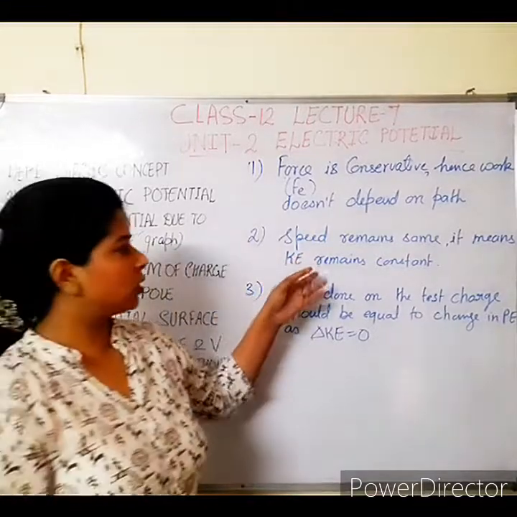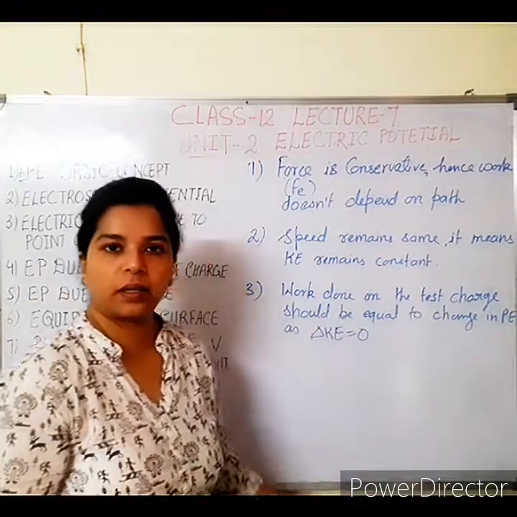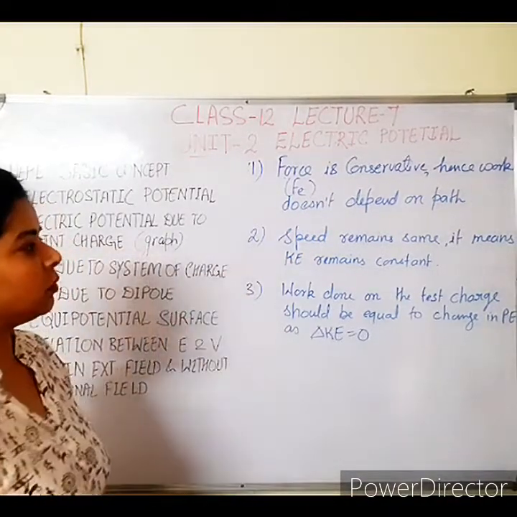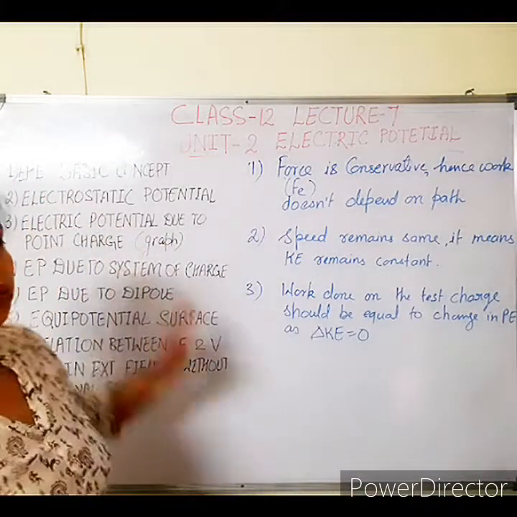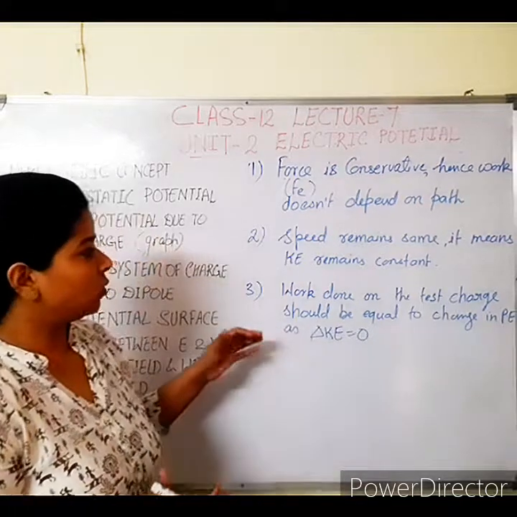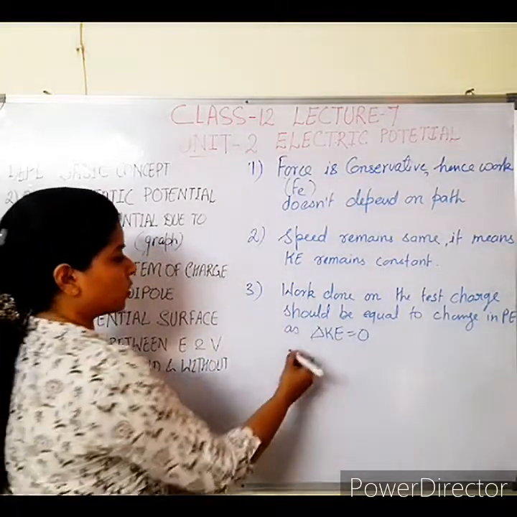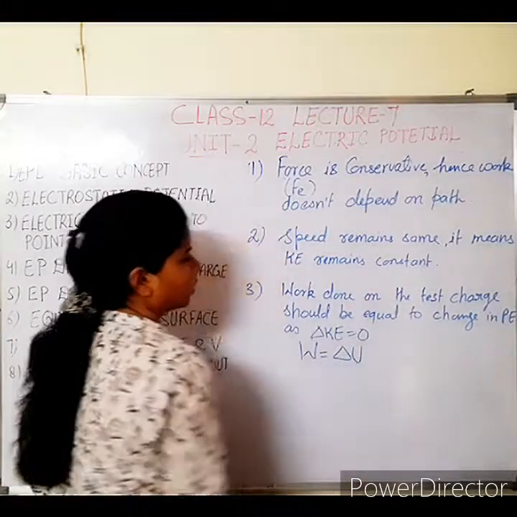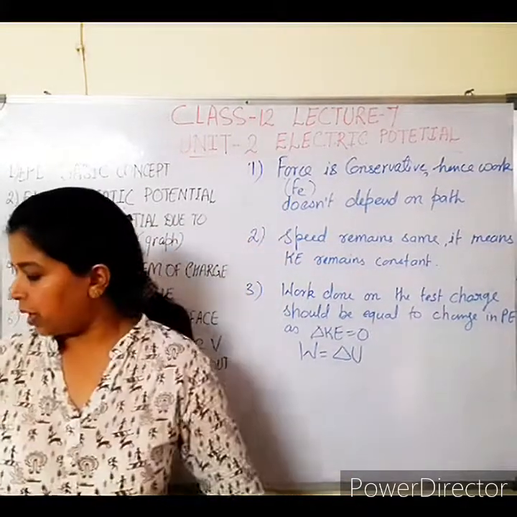Kinetic energy remains constant from the second point, so the change in kinetic energy is 0. So these are the 3 important factors for the introduction of electrostatic potential energy. Now we will introduce electrostatic potential energy. W here should be equal to the change in potential energy. It is represented by U.